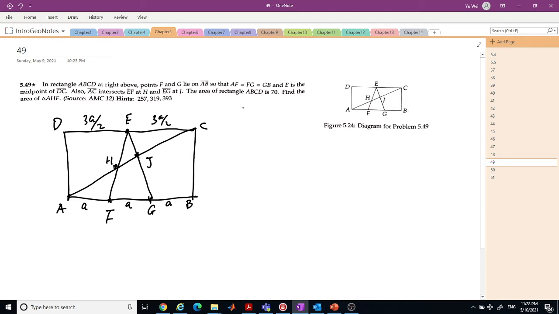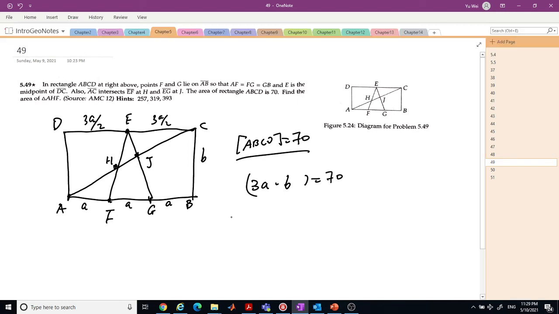So the area of the rectangle ABCD is 70. Find the area of the AHF. Okay, to find the area of AHF, we know 3A times B is equal to 70, right?